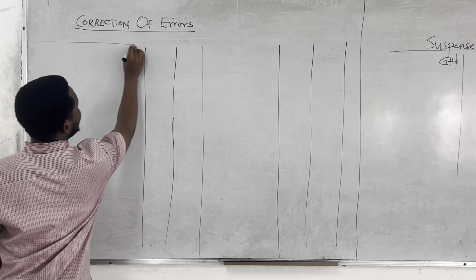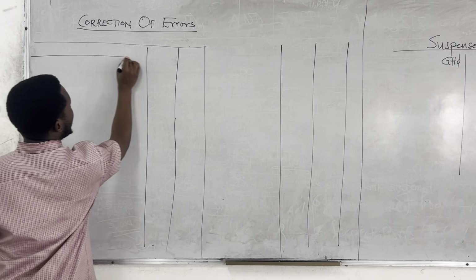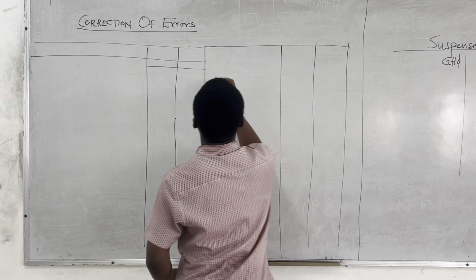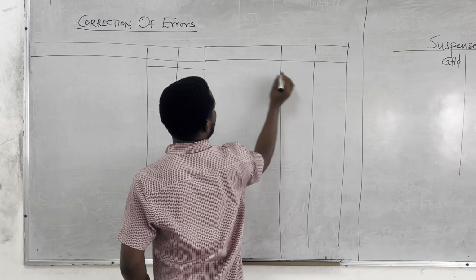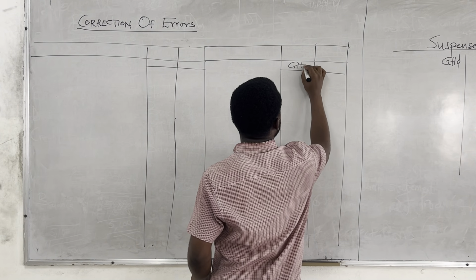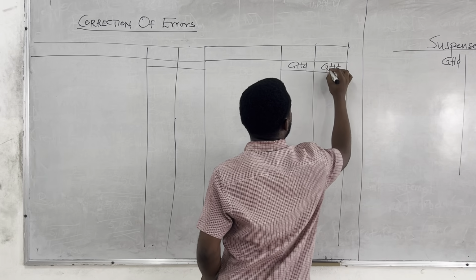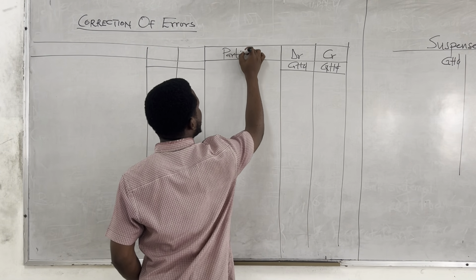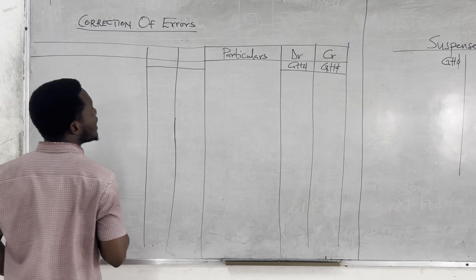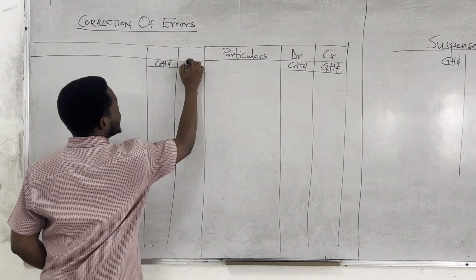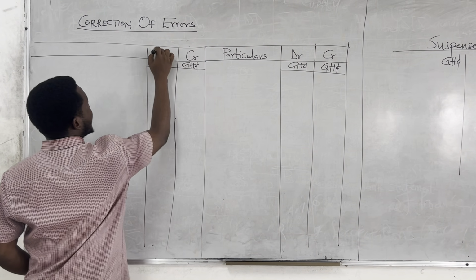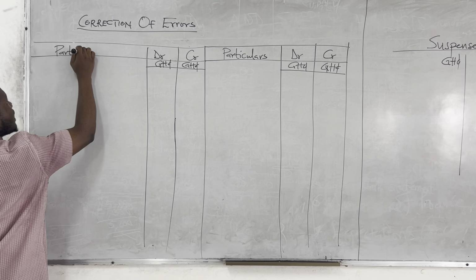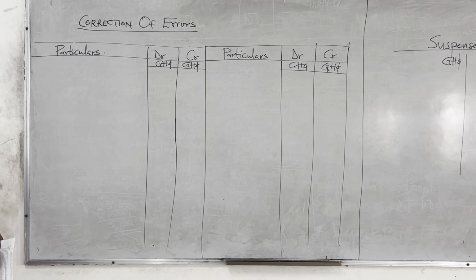So the journal we have, and also we have this. And we have this. So here is our Ghana cedis, which is the currency sign. We have our credit side and our debit side. We have our particulars or details. So you have to choose one. Either particulars or details. So this is what we are having.